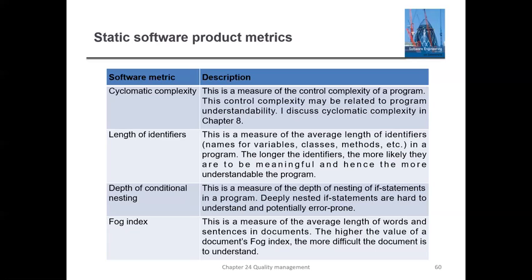That is the meaning of depth of conditional nesting. The last one is the fog index. It represents the total number of words or sentences you have used inside the software document. If the fog index is high, it means your document is very lengthy and hard to understand. So this is all about your static software product metrics.